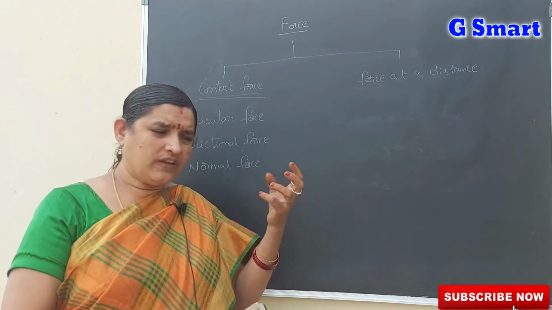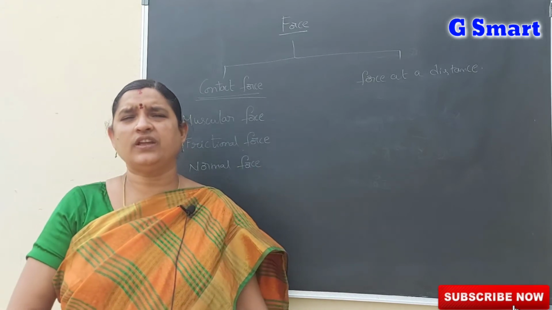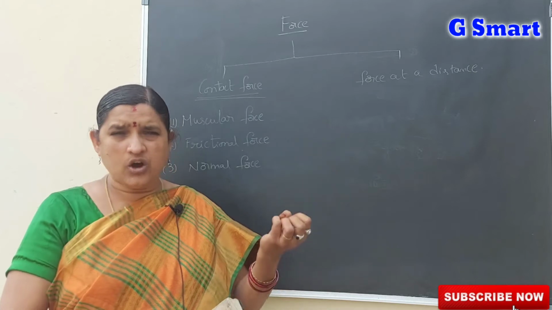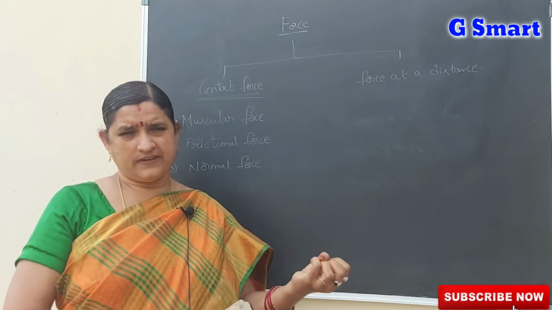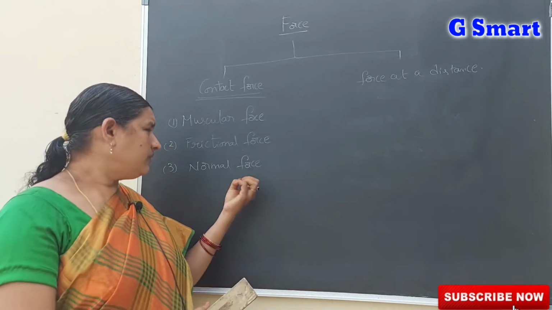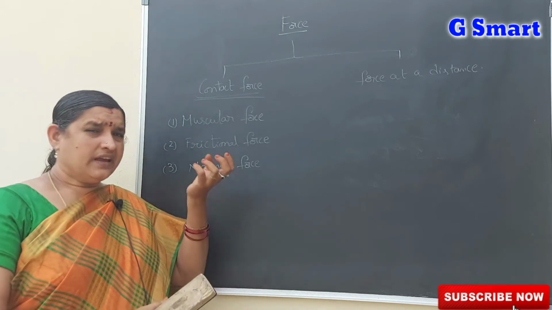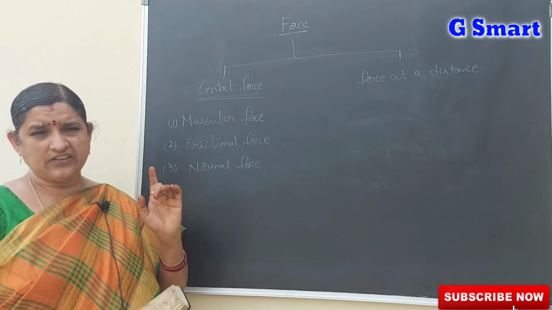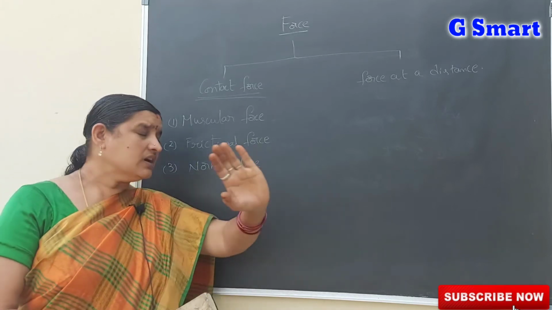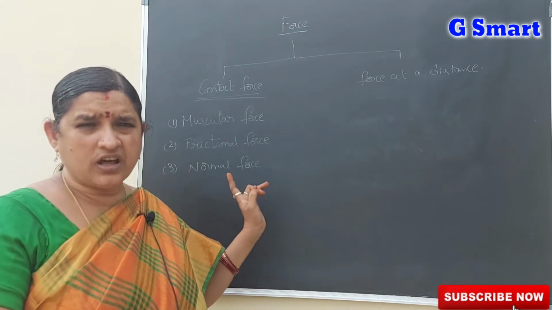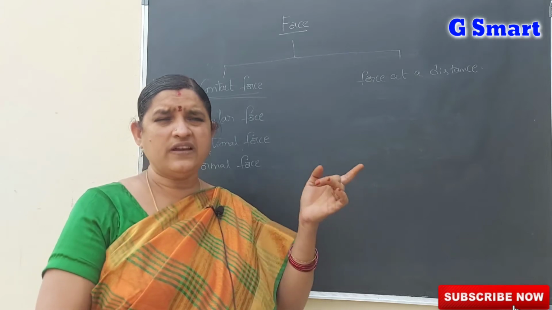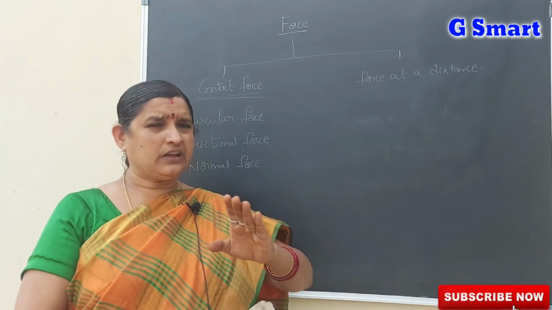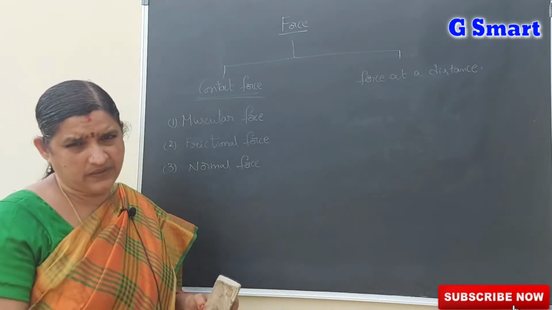The weight always works towards the center of the earth, because earth attracts the objects on its surface. So, that is called gravitational force. The force which acts against gravitational force, perpendicular to the surface of the object, is called normal force. Normal force always works perpendicular to the surface of the object.